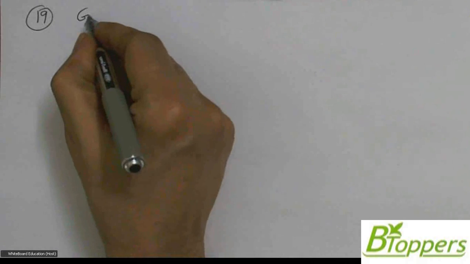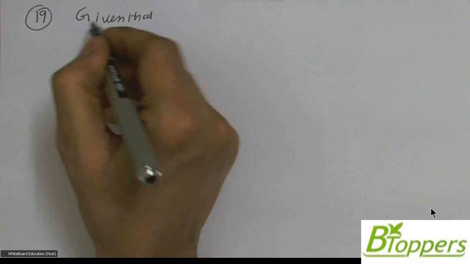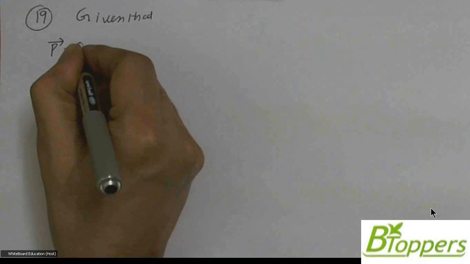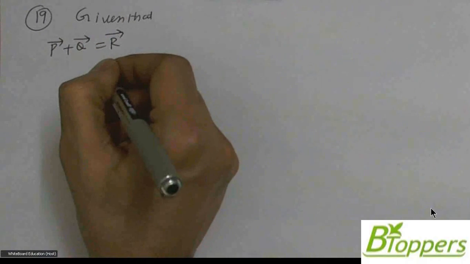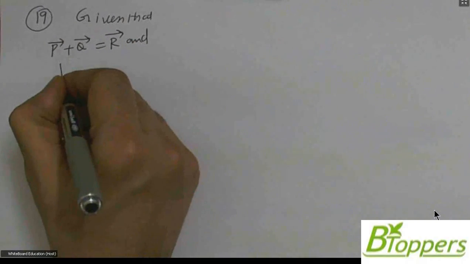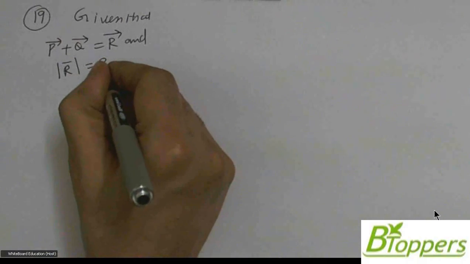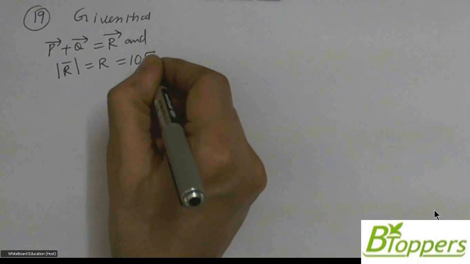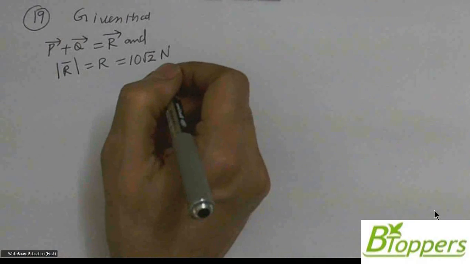It's given that the resultant of the two forces P bar and Q bar is R bar. It is also given that the magnitude of the resultant, denoted by R, equals 10√2 Newton.